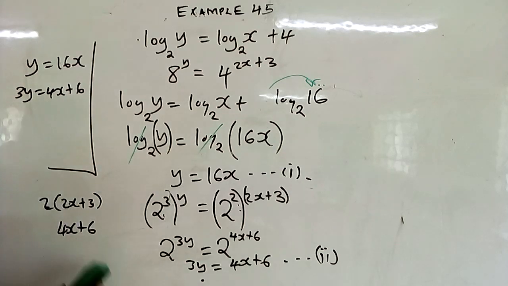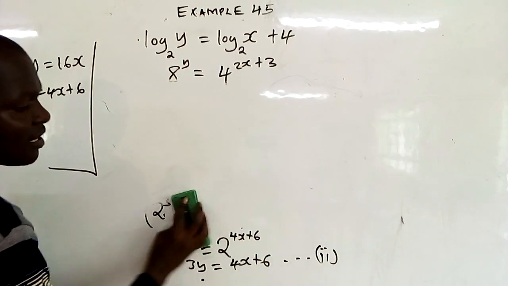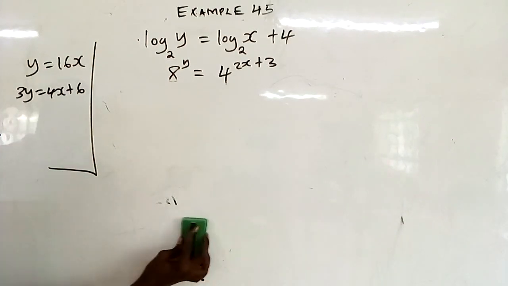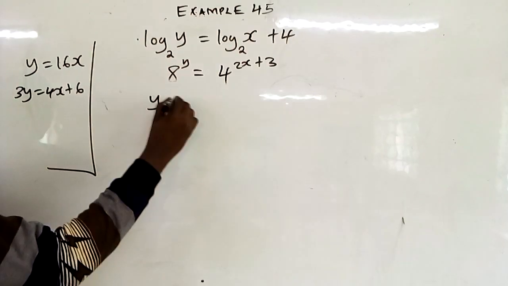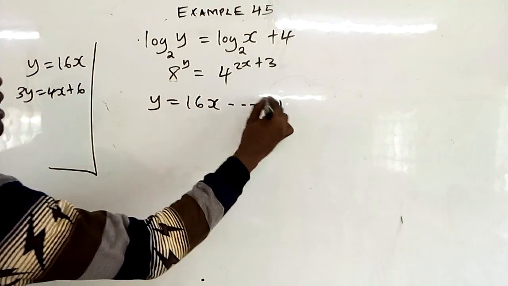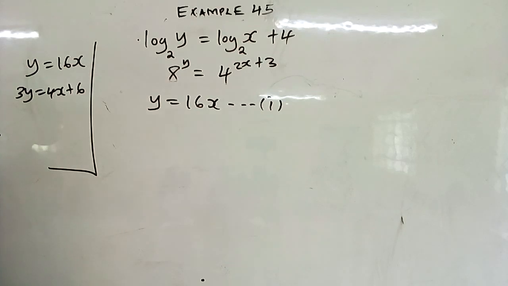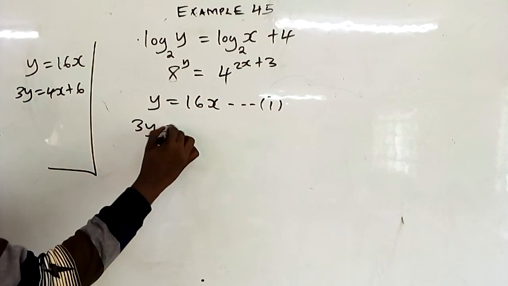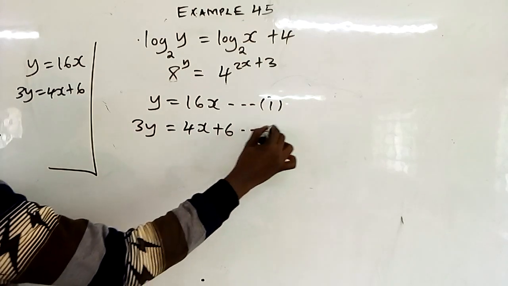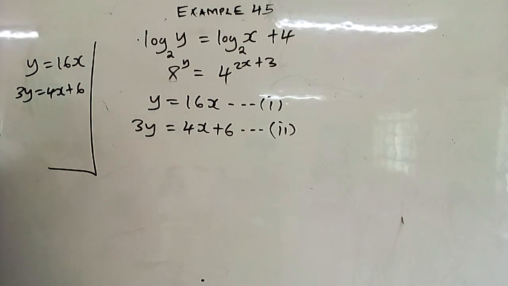You now use these two equations to solve for y and x, and you can use any method. The first equation has y is equal to 16x, and equation 2 has 3y is equal to 4x plus 6. We can use the substitution method, which is easier.